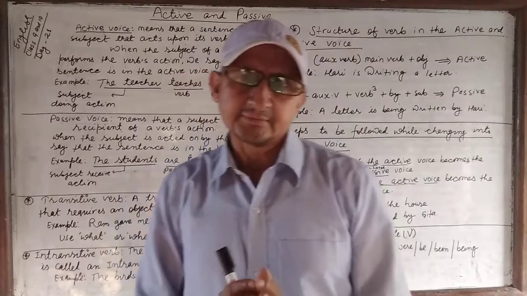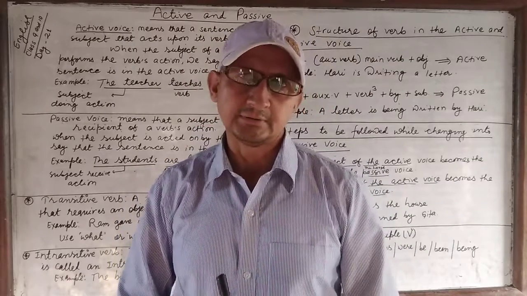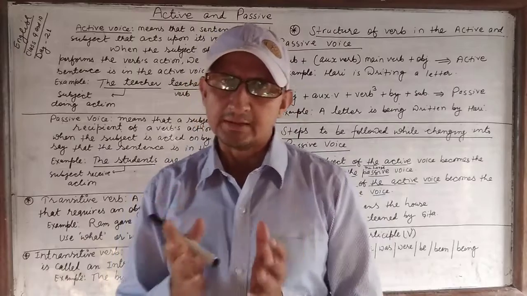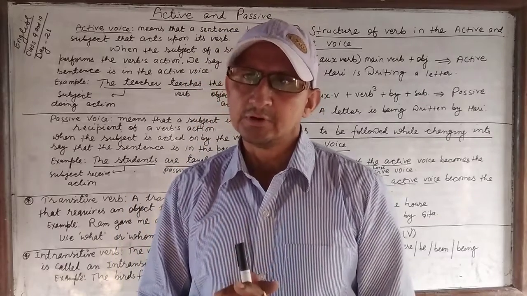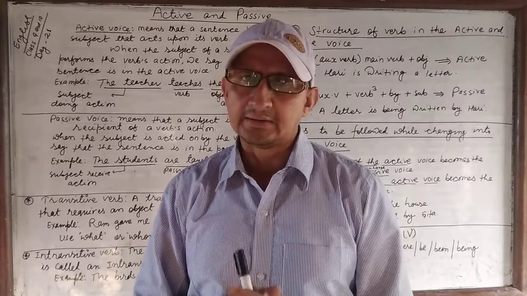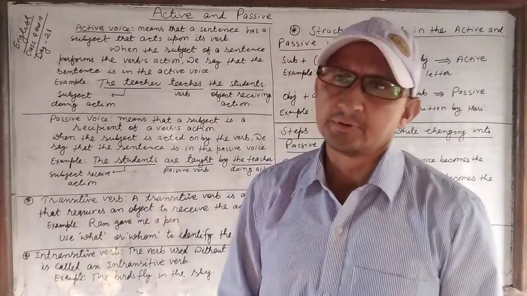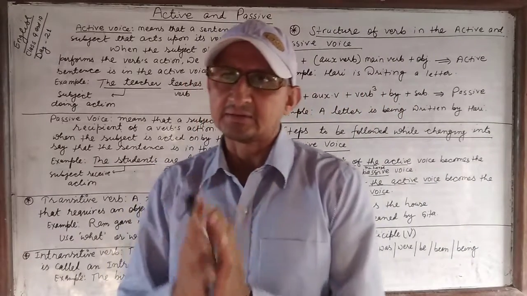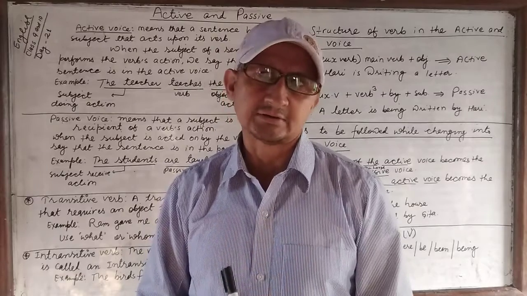The next thing you have to know is a transitive verb. While reading active and passive, you have to know transitive verb and intransitive verb. A transitive verb is a verb that requires an object to receive the action.